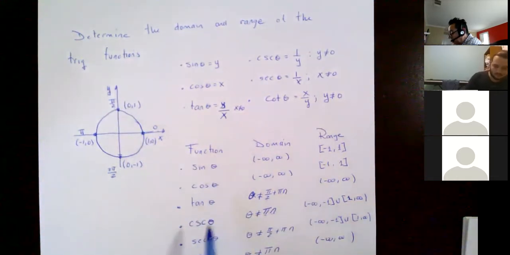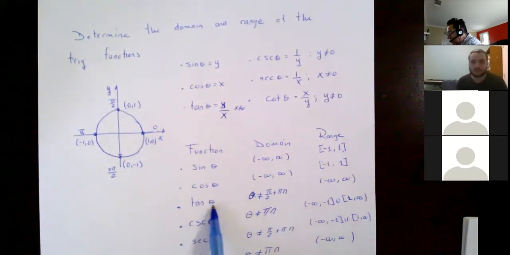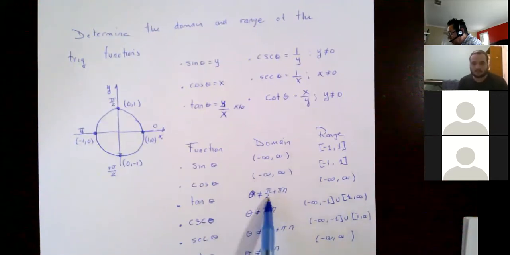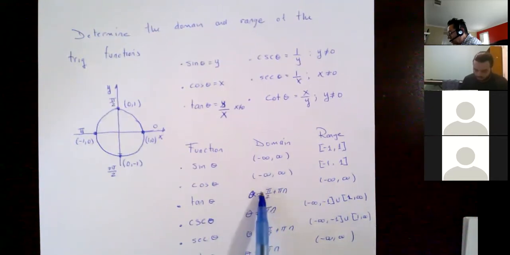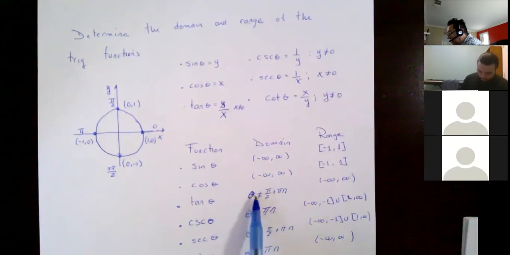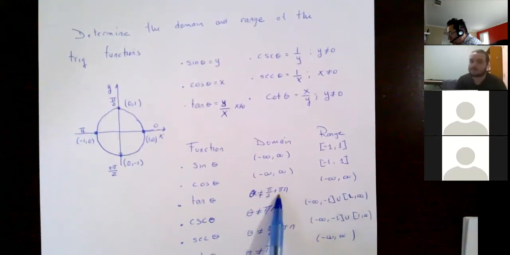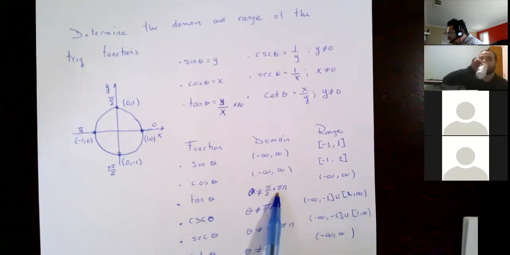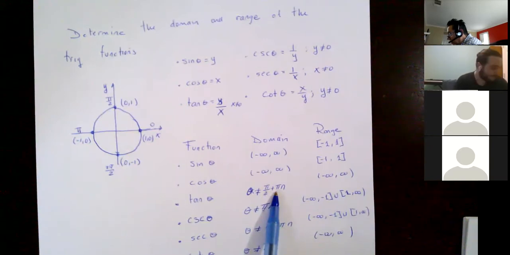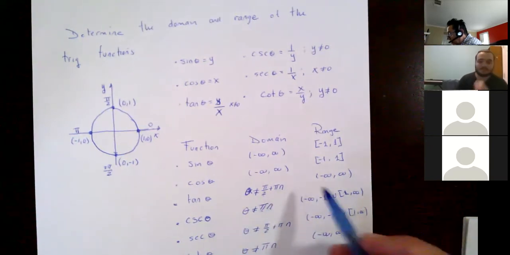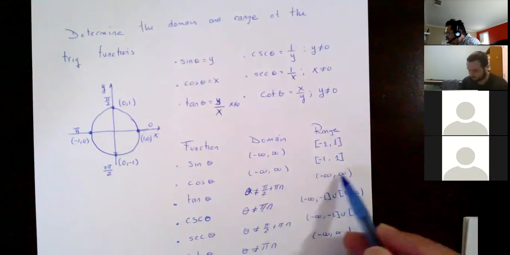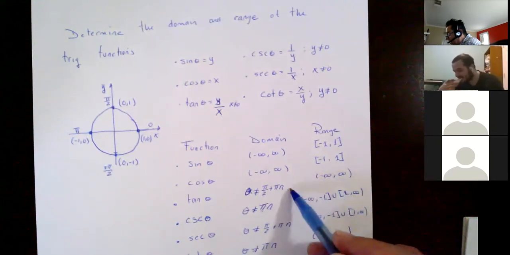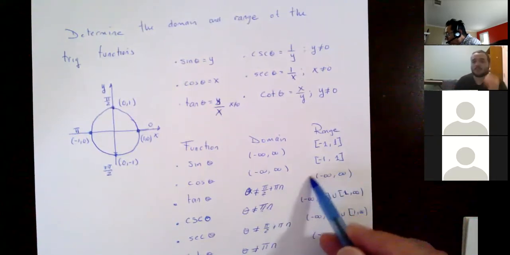So if we go back to the tangent function, notice that the domain is all the numbers except when theta is equal to an odd multiple of pi over 2. And notice also that the range for the tangent is all the numbers.